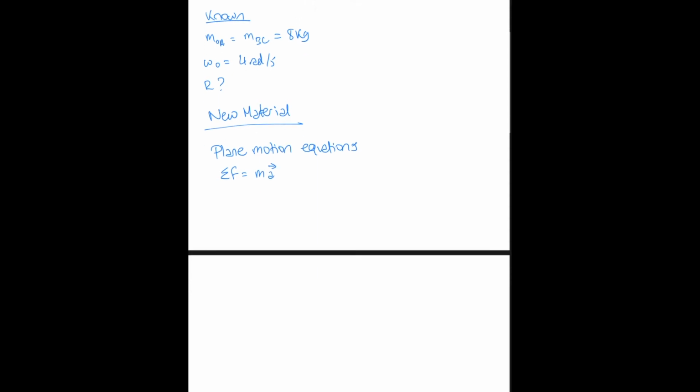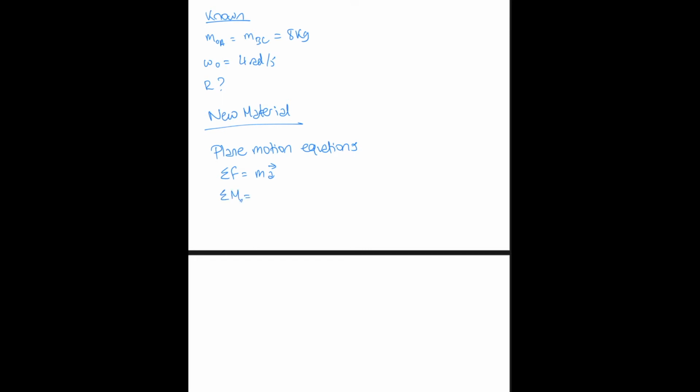So we're going to start talking about plane motion equations. We know that the sum of forces is equal to mass times acceleration. So what is the sum of moments equal to?